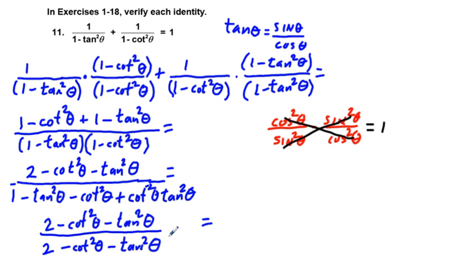Now, are the numerator and the denominator exactly the same at this point? Yes, they are. So this is equal to 1, and we bring down our 1 from on top here, equals 1. So we have verified it. So nice little problem there.